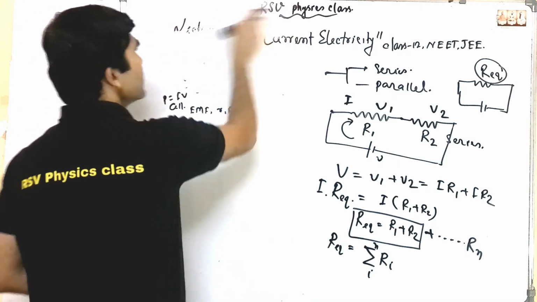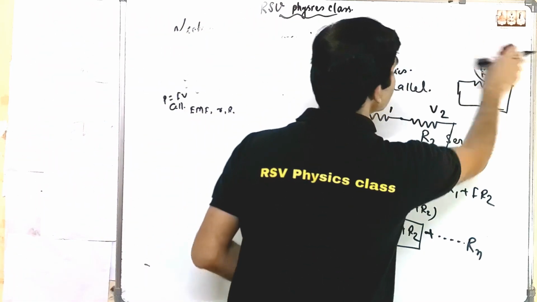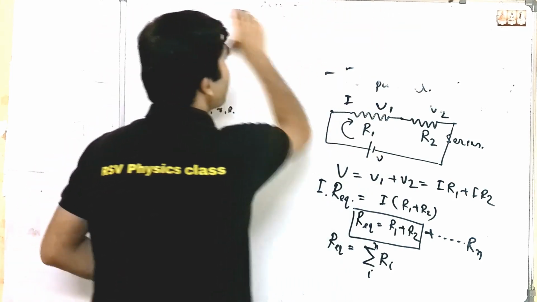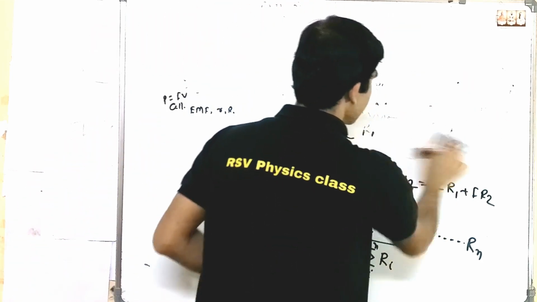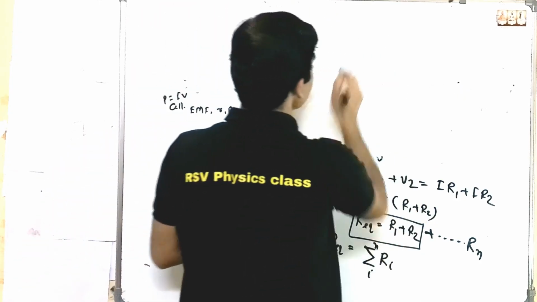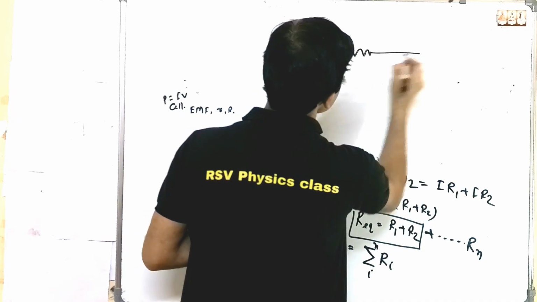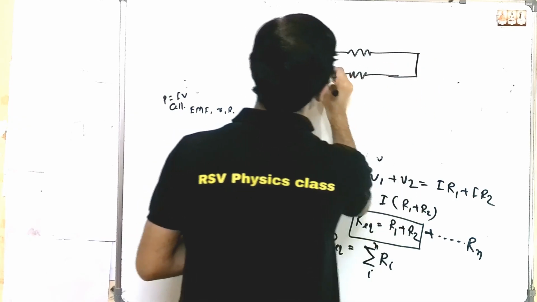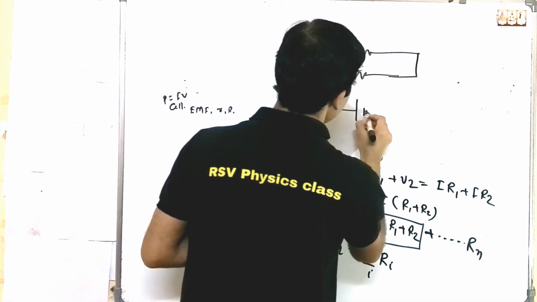Now, if resistances are put in parallel combination, what is the parallel combination? It is just like this circuit. Here this is one resistance and this is the other resistance.